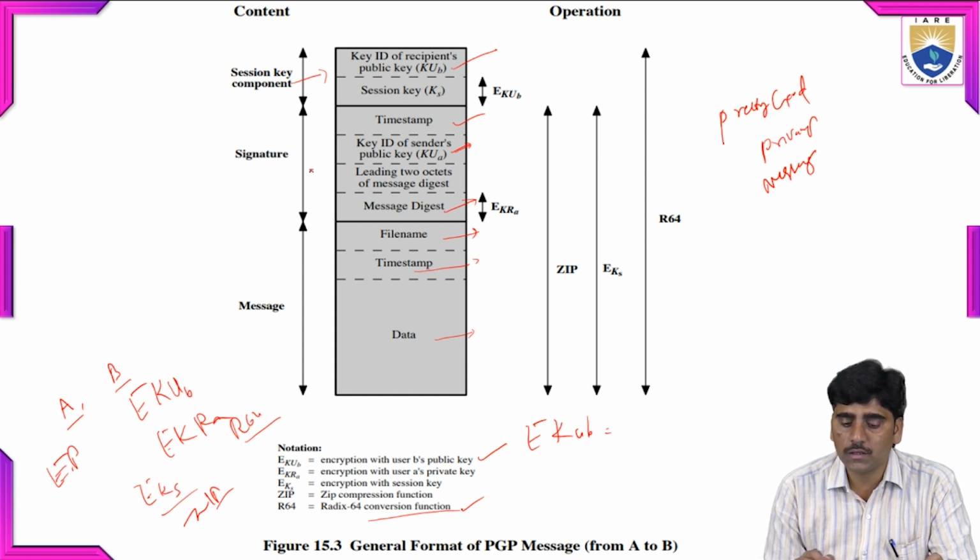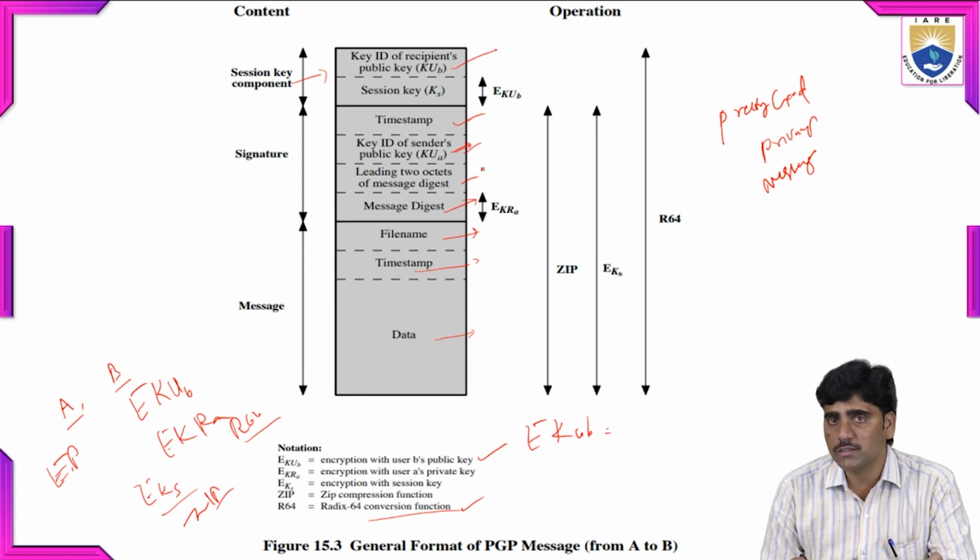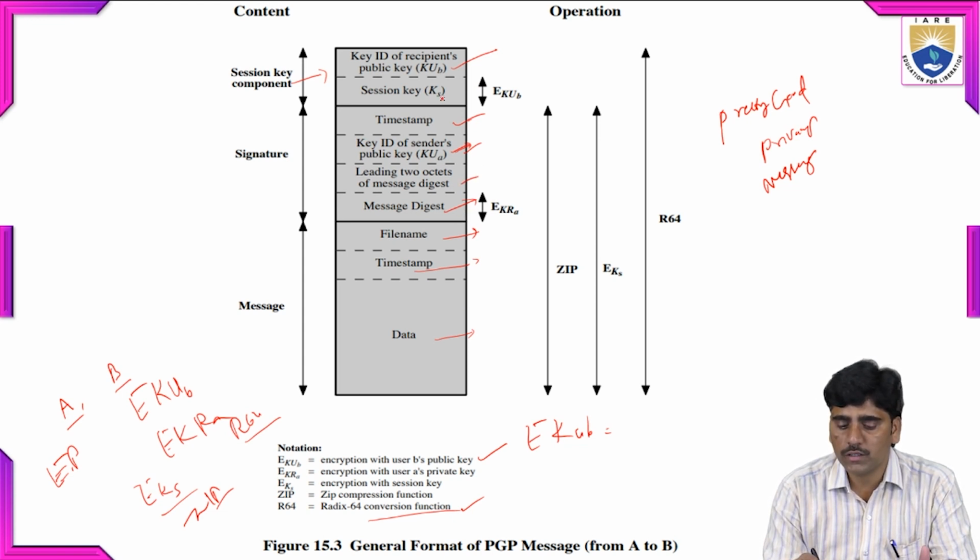Then next, for the purpose of the digital signature, what requirements are needed here? Timestamp is required. Key ID of sender's public key is required. Leading 2 octets of message digest is required, and message digest is required. So here we can say that this is E_KUB, that is nothing but encryption with user B's public key.